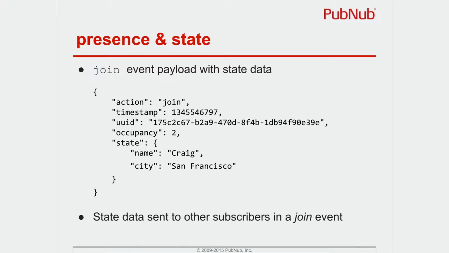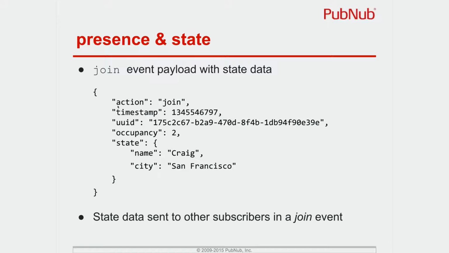The payloads behind the scenes, and the SDK wraps this up quite nicely, look similar to what I have here. We have a join, we have an action, timestamp, UUID, occupancy, and then this is the state value that's being sent with that particular join event.